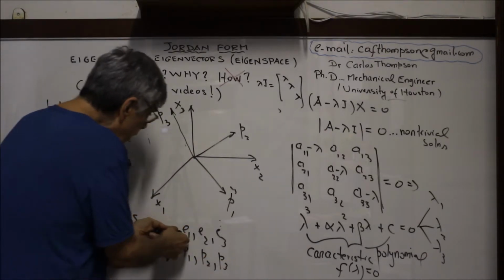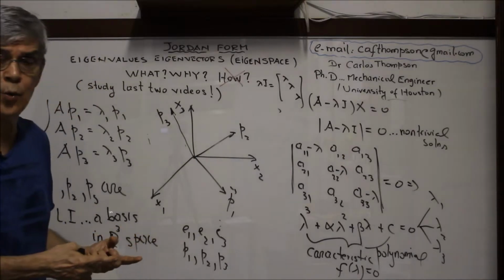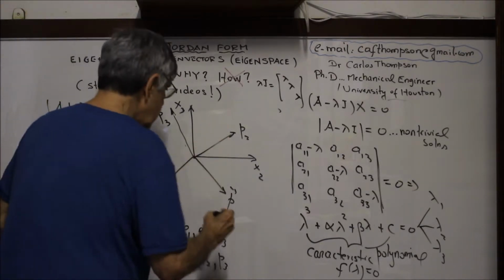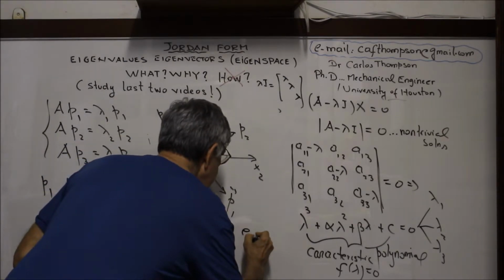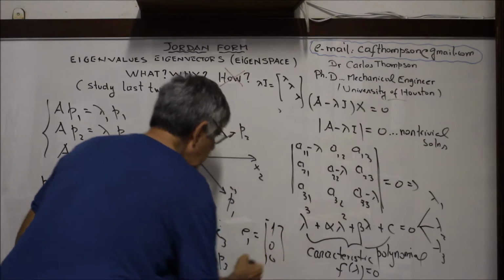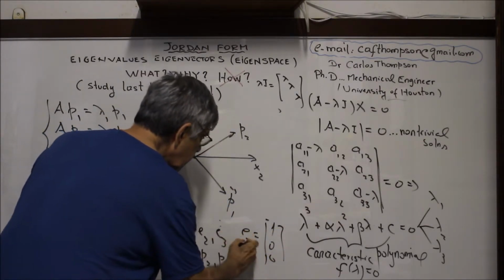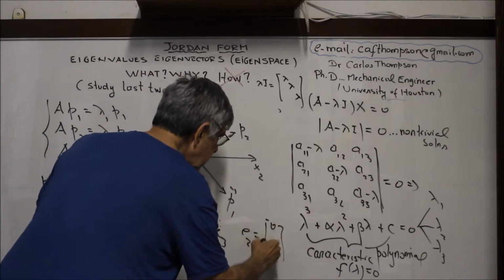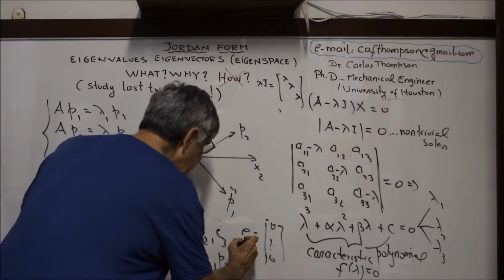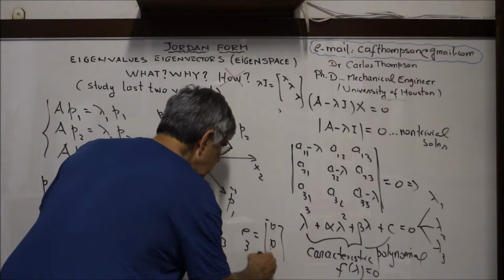Okay, Professor, how can I write E1 in Cartesian coordinates? No problem. Look, E1 equals 1, 0, 0. What is E2? E2 is 0, 1, 0. And E3, no problem, 0, 0, and 1.